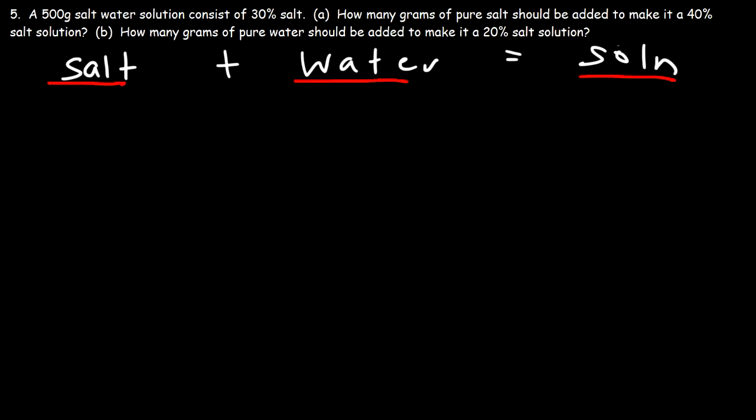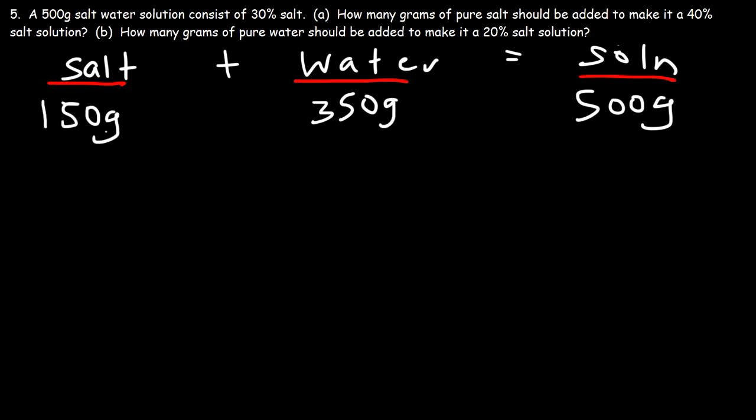So we have the same information initially. We have 500 grams of the solution, 350 grams of water, and 150 grams of salt. Now, going back to part A, we added salt to the solution, and so the mass of the salt went up, but the mass of the water didn't change.